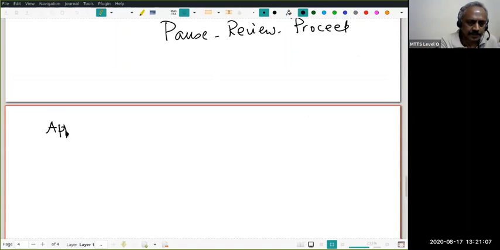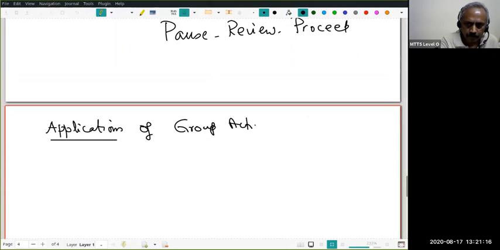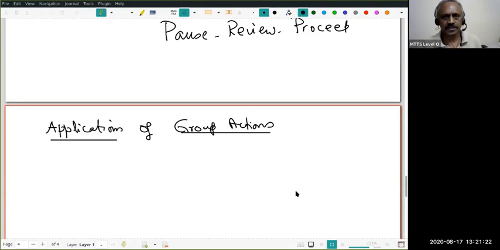Now we are ready to give applications of group actions. There will be a lot more applications, but these are three very simple applications which will try to show you how to effectively use the group action technique.